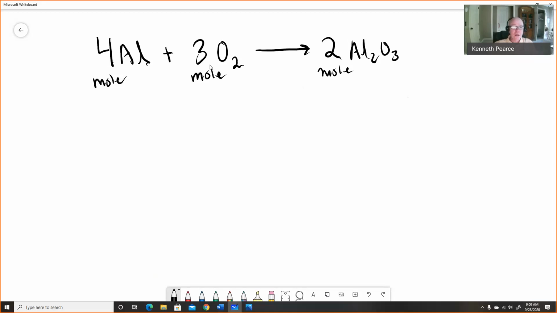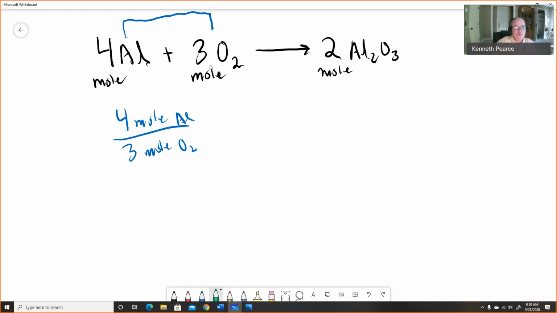We can actually write out mole ratios from this depending on which pair we're going between. What if I was going between aluminum and oxygen? Then the mole ratio between them would be 4 mole aluminum for every 3 mole oxygen. What if we were going between the aluminum and the aluminum oxide product?